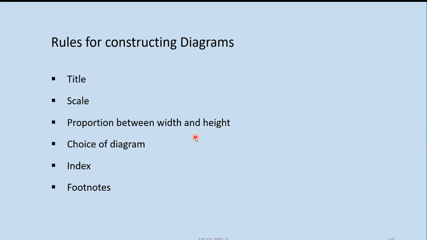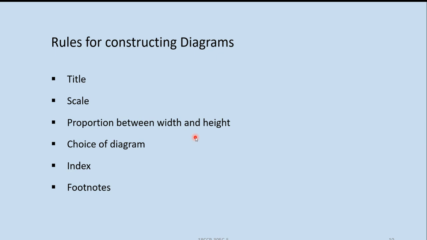choice of diagram is also very important, because there are different types of diagrams and graphs: one dimensional, two dimensional, bar graph diagrams, pie diagrams, and so many other curves, which we have to use appropriately for the given data.